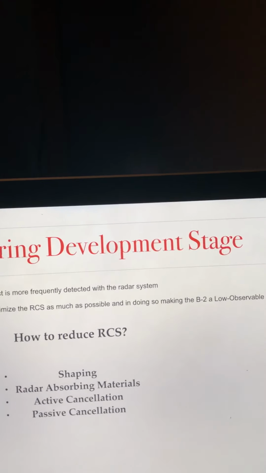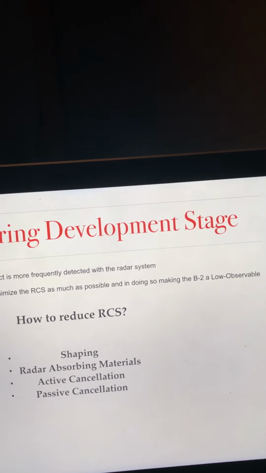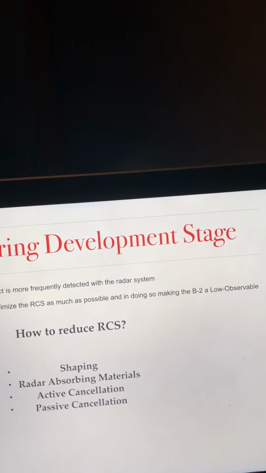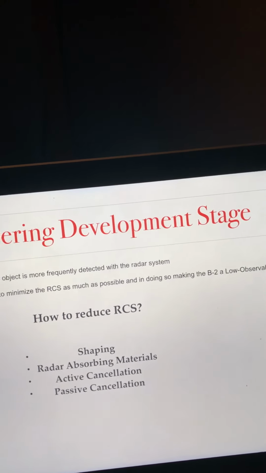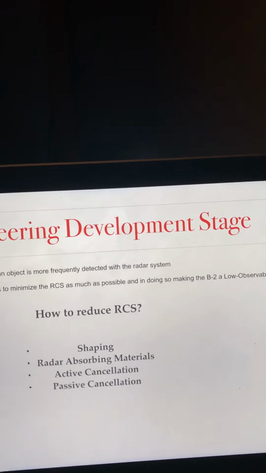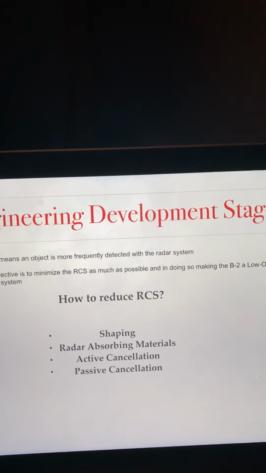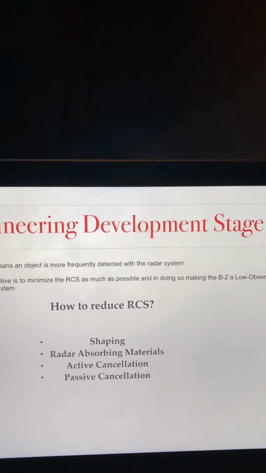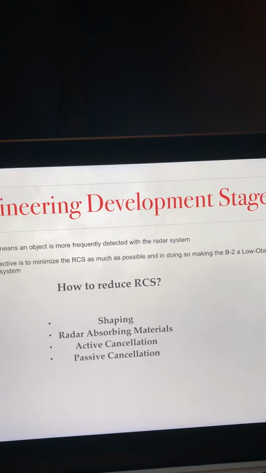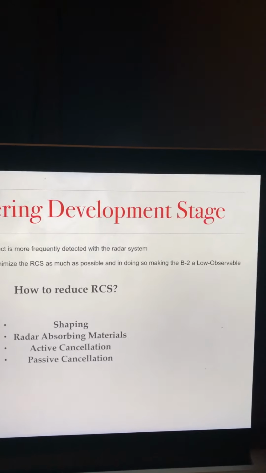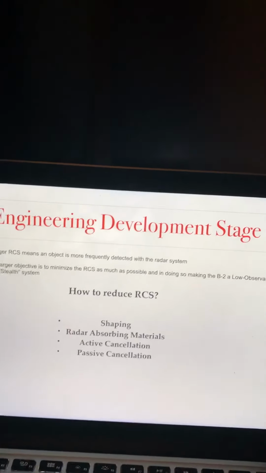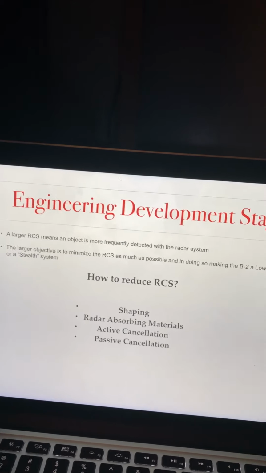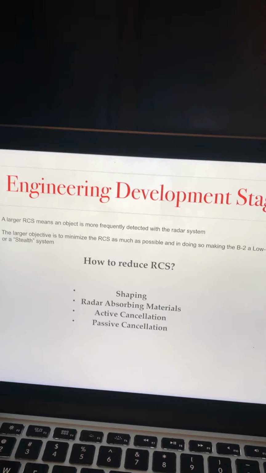There are four different ways to go about it, and they have been given names, four different steps: shaping, using radar absorbing materials, active cancellation, and passive cancellation. These are the 4 steps on how to reduce the RCS, and by doing so, make the B-2 low observable.